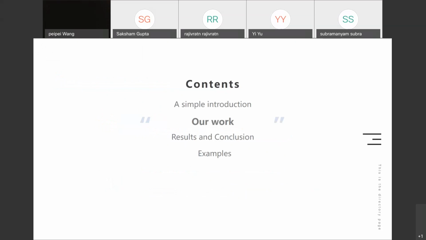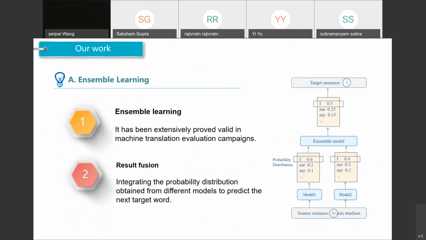Next, I will introduce the main work of our paper. In recent years, more and more research has been done to improve translation performance by fusing different ensemble learning strategies.